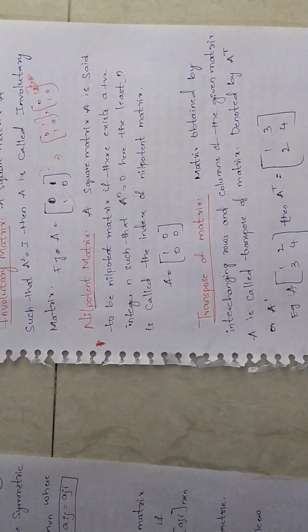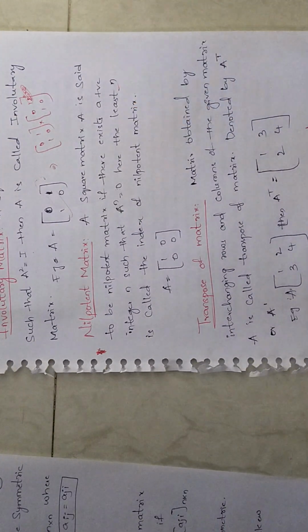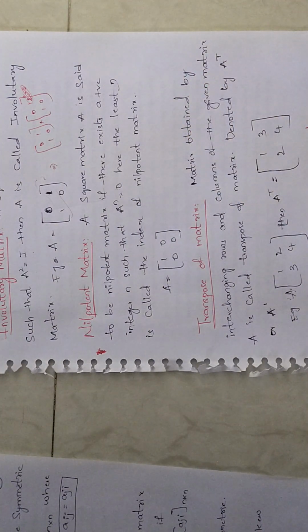You will say A power 6 equals 0, so the given matrix is nilpotent. You will get a question like: what is a nilpotent matrix, and check whether the given matrix is nilpotent or not. Then what you will do? See, the condition is A power n equals 0, you don't know what that n is.